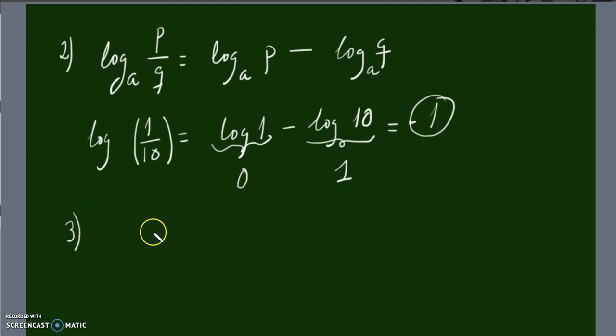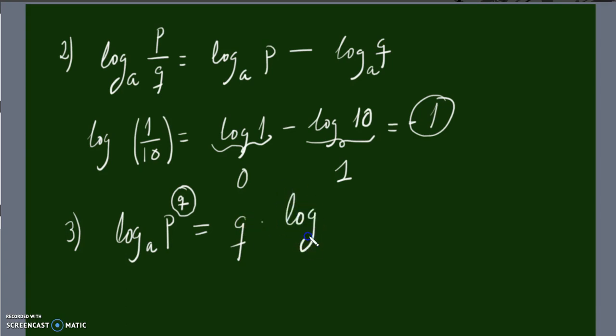The third property, when you have the logarithm of a power. So when you have a power, you can put the exponent down, multiplying the logarithm. Like this. So an exponent moves down, multiplying the logarithm.